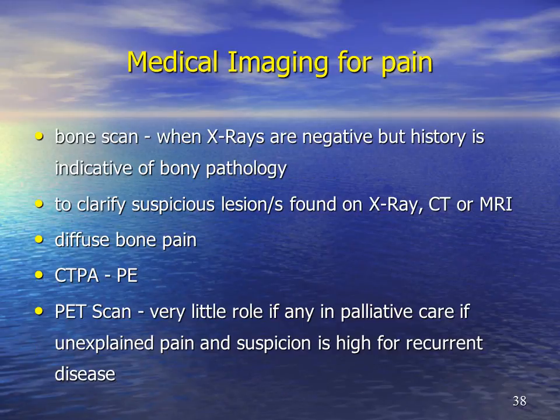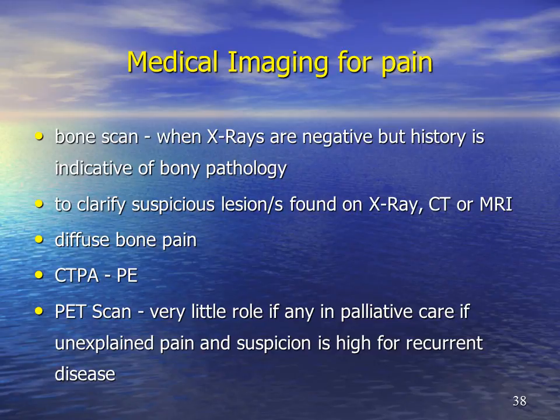Bone scans can be quite helpful, particularly if a patient is complaining of widespread aches and pains. And one would use this particularly in the setting of, say, prostate cancer and breast cancer.